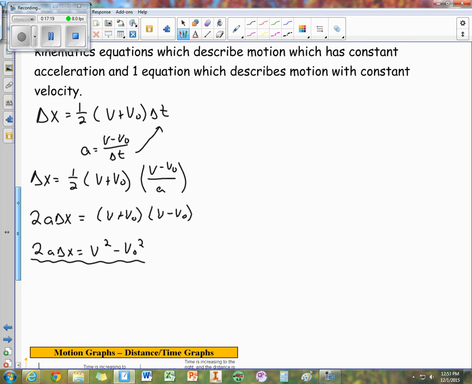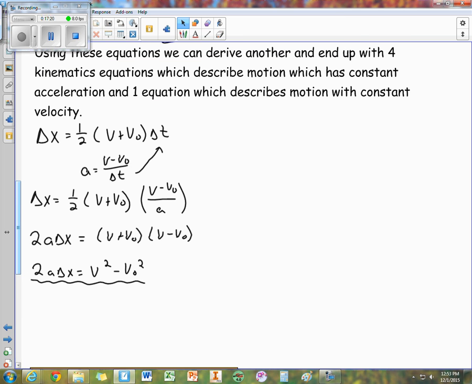So, when we have constant acceleration, we get to use these equations.